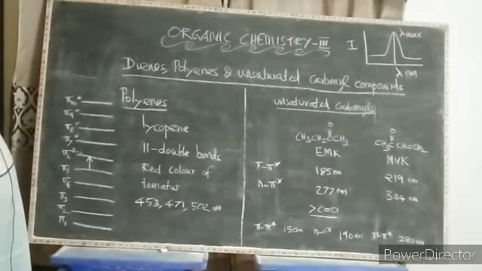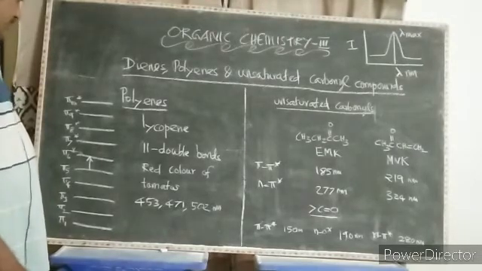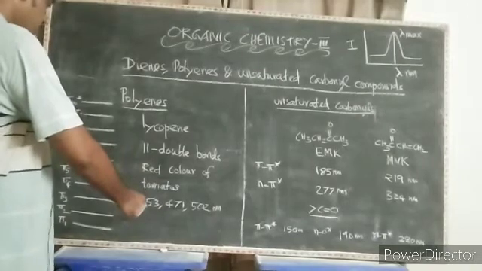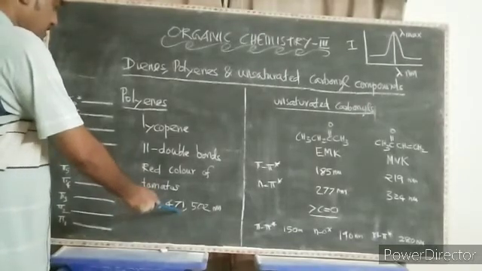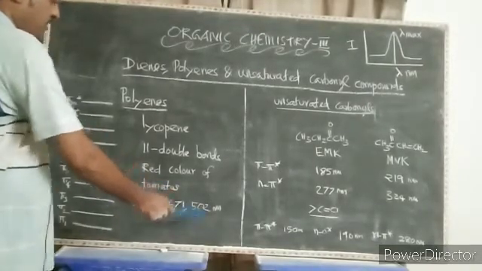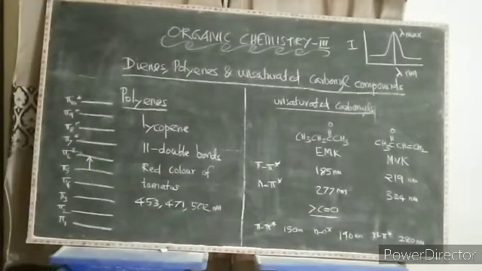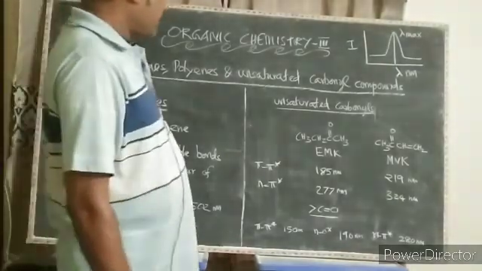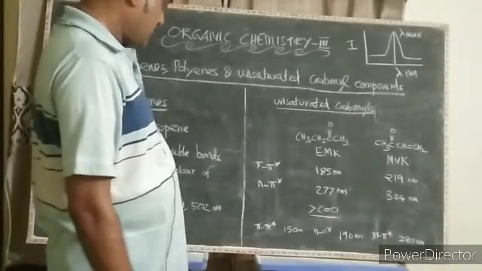These are the absorption bands, the lambda maxes for lycopene: 453 nanometer, 471 nanometer and 502 nanometer respectively, and this is due to the many close lying energy levels of the pi molecular orbitals in this polyene.